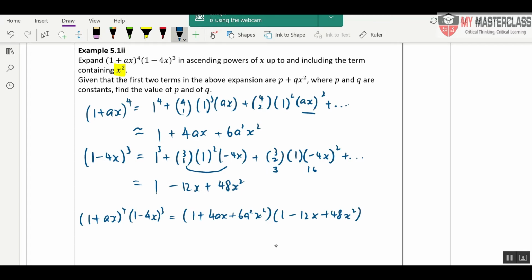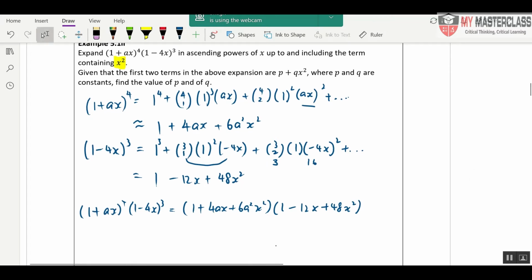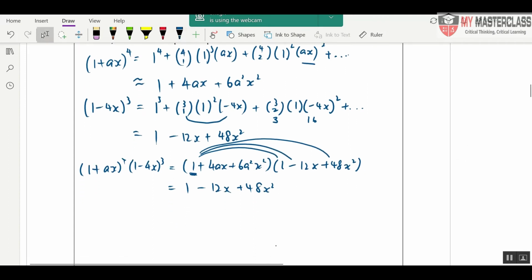Okay, so now we expand. And then you look at how I write. First, I use my 1 to multiply by everybody. So this will be 1 minus 12x plus 48x squared. Next, I use my 4ax to distribute to everybody. Look at how I write. It's not necessary to continue writing the line.